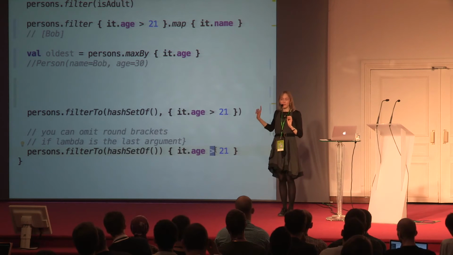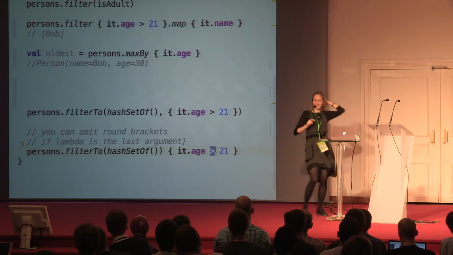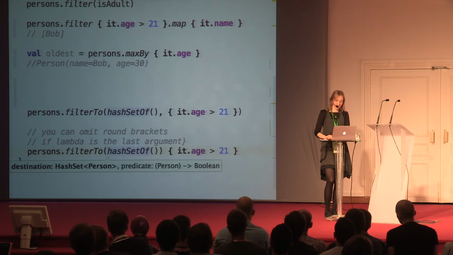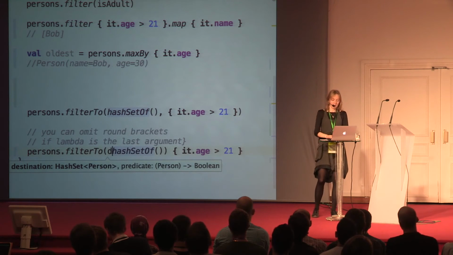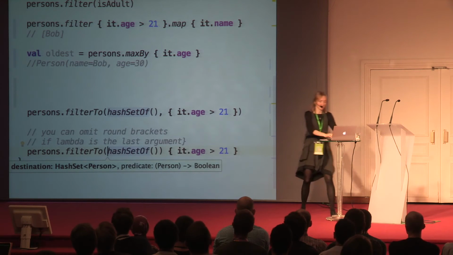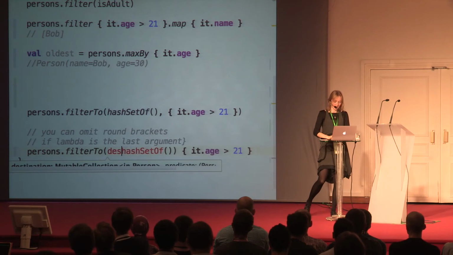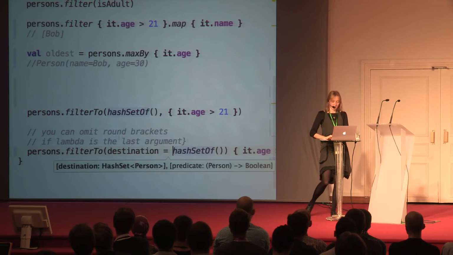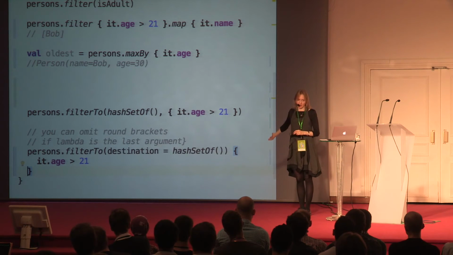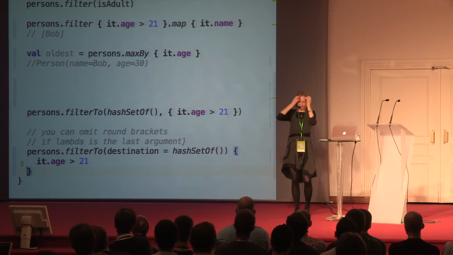Please remember it. We'll use it at the end of the talk. And in Kotlin, you can specify the name of the argument explicitly. So, for example, here you can say destination equals a set, and it's just a function invocation with a lambda. We'll again use it afterwards.